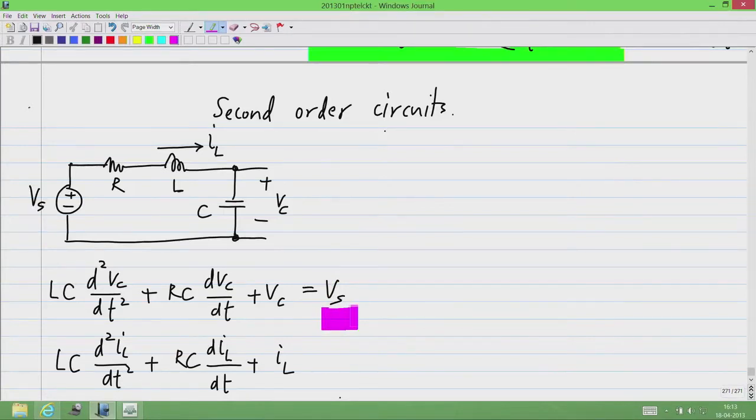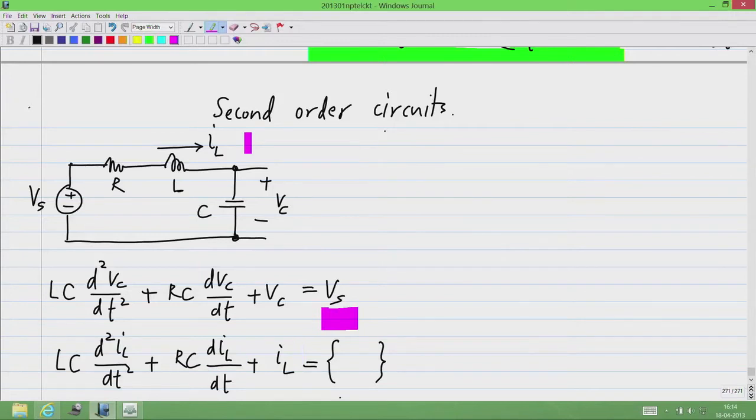I always put the independent source on the right hand side. If I choose to write it in terms of IL, then I will get exactly the same LC second derivative of IL plus RC first derivative of IL plus IL equals some other function of Vs. I am not going to find that here, but the point is, if you take a given circuit and identify any variable and write the differential equation for it, the left hand side will remain the same.